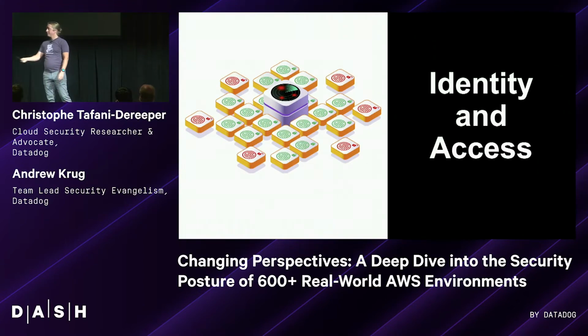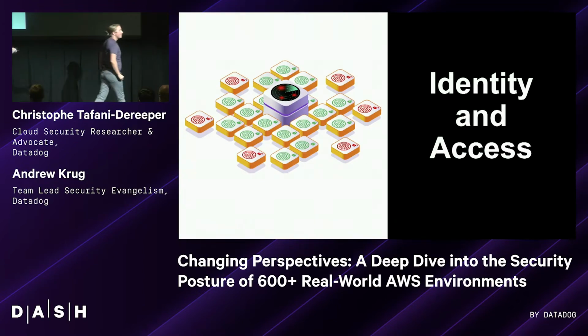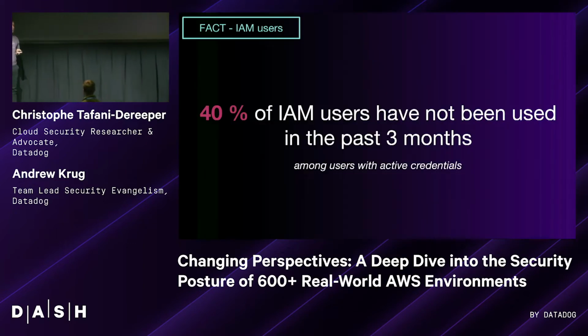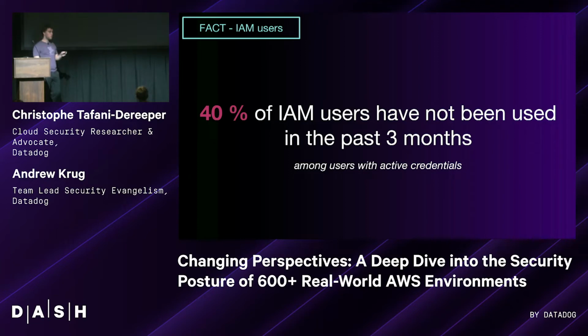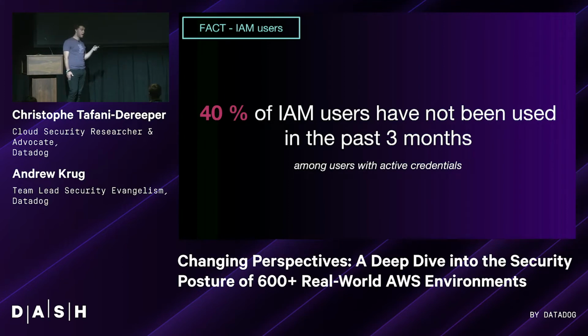Great, so let's have a look at the first set of findings that is about, you guessed it, IAM users. First thing that we saw is that 40% of IAM users are unused, which means they haven't logged in the last 3 months. And that's both for users with an access key or the ones that have console access.